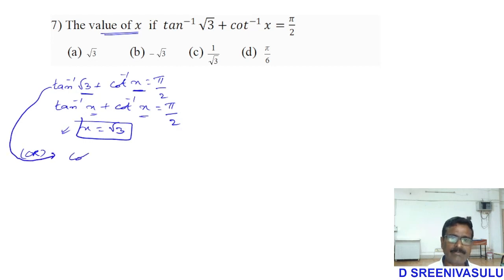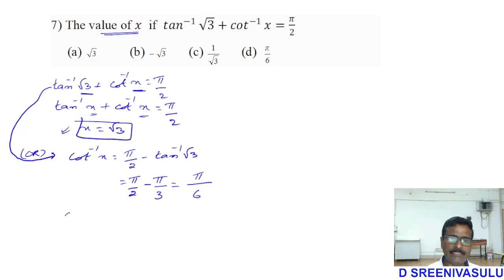What is cot inverse x? Cot inverse x is equal to pi by 2 minus tan inverse root 3. This is pi by 2 minus, in the tan table root 3 comes at 60 degrees, that is pi by 3. Take LCM 6: 3 pi minus 2 pi, pi by 6.